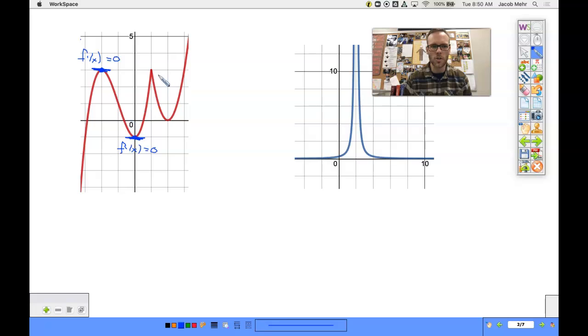Now how about here? It changes from increasing to decreasing. Is f prime of x equal to 0 here? No, it's not. That's a sharp turn. It doesn't have a slope. Now at sharp turns, we've always said those are not differentiable. And right here, we're back to f prime of x equaling 0.